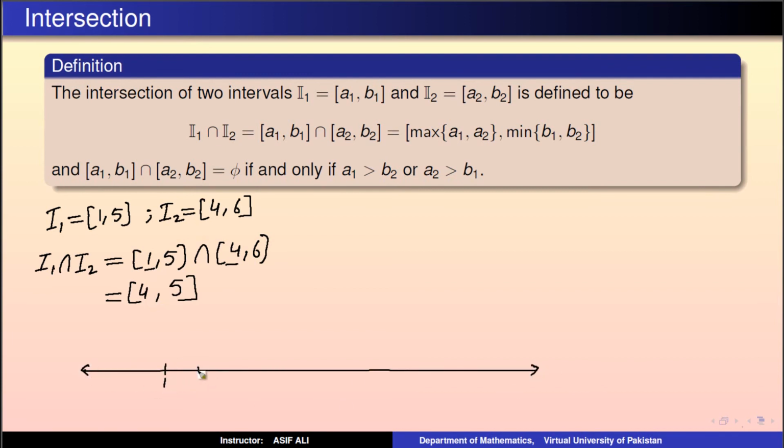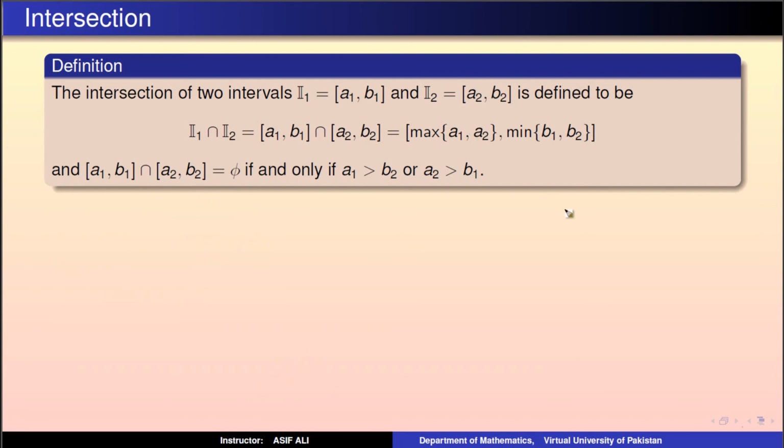This is 1 2 3 4 5 6. अब देखें हमारे पास (1, 5) I1 है और (4, 6) I2 है और इन दोनों का इंटरसेक्शन हमारे पास है (4, 5). अब इसमें हम क्लियरली देख सकते हैं जो कॉमन पार्ट है वही इंटरसेक्शन पार्ट है जिस तरह सेट में होता है.